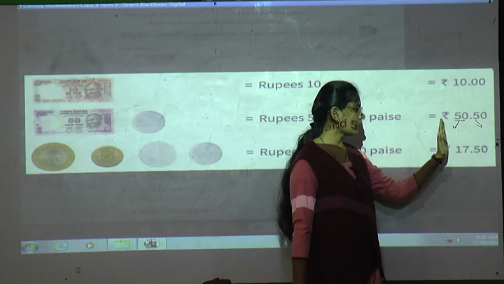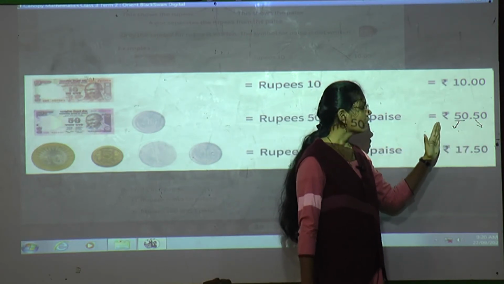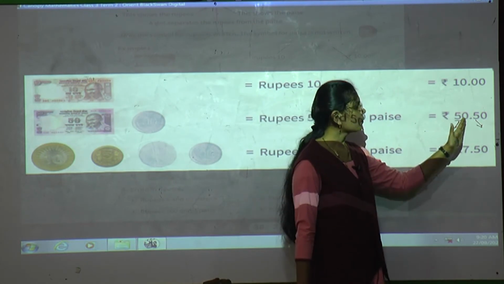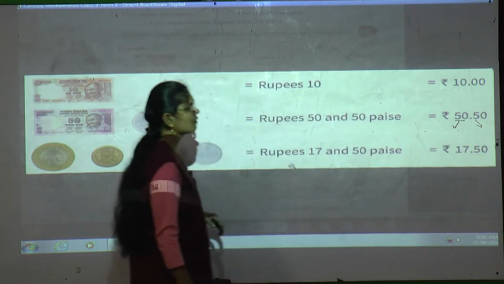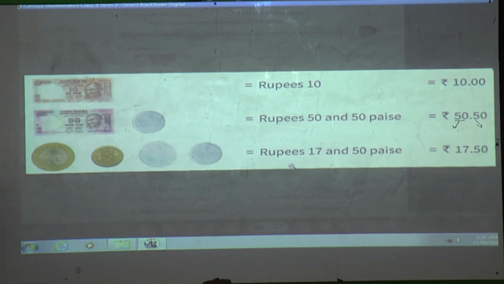Before the dot, whatever number is there, that tells us the value of rupees, and after the dot, whatever number is there, that tells us paise. So rupees 50 and 50 paise means rupees 50.50.